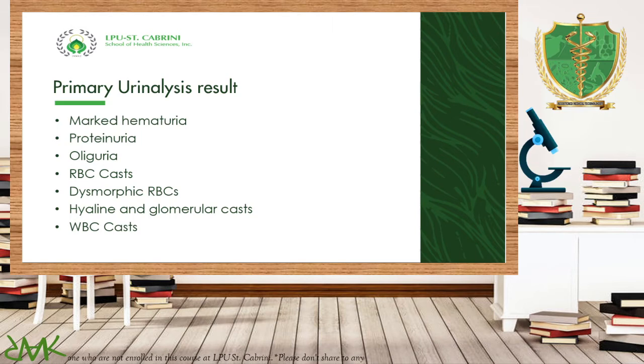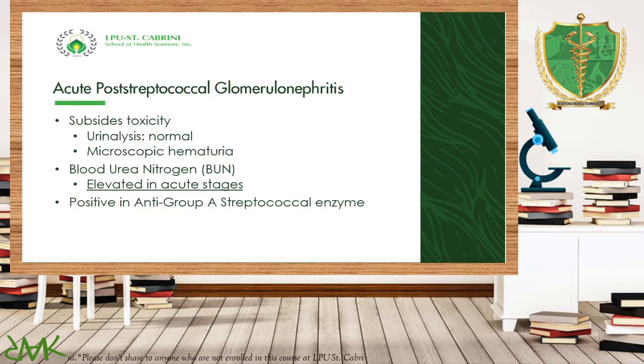RBC cast, because of the increase in blood. Dysmorphic RBC because of the damage in the kidney. Hyaline and glomerular cast, as well as WBC cast. So please remember these 7 primary urinalysis results associated with post-streptococcal glomerulonephritis.